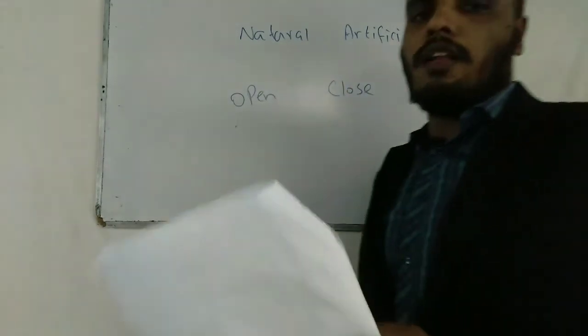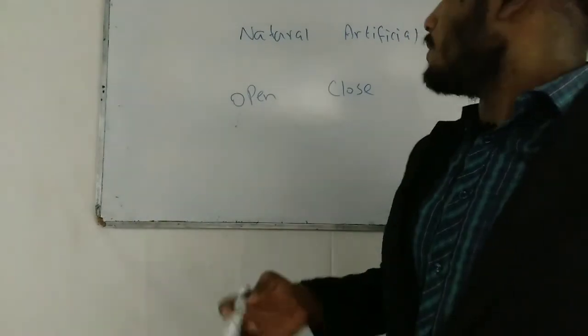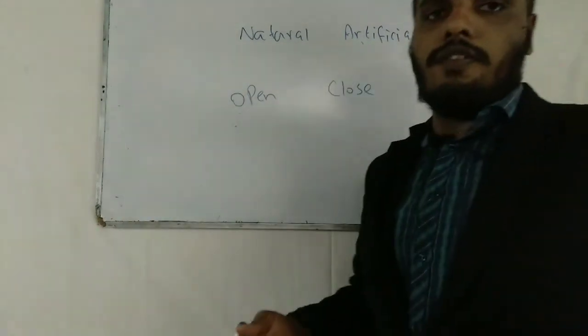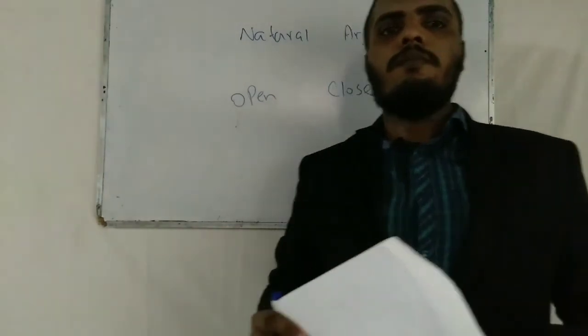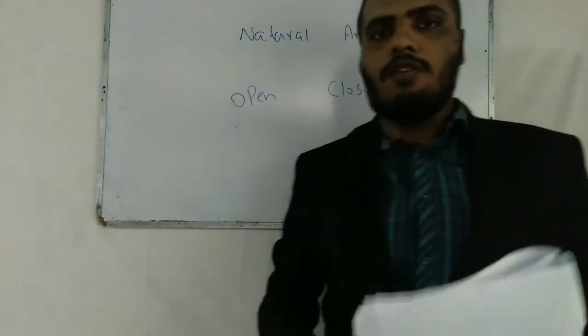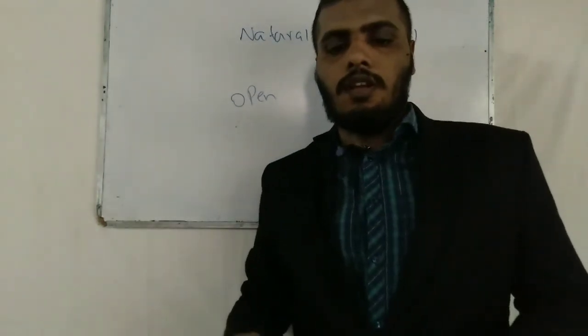Natural means there is no human interaction. Artificial means there is human interaction over the system. In the blood circulatory system, you don't pump the blood, so it's not an artificial system. So it is a natural system.